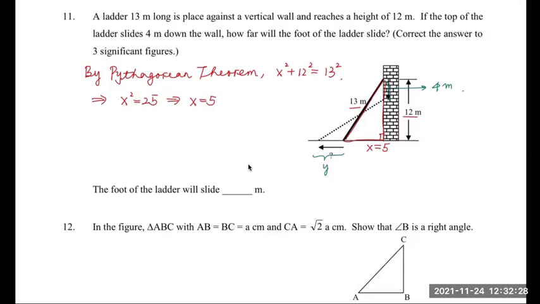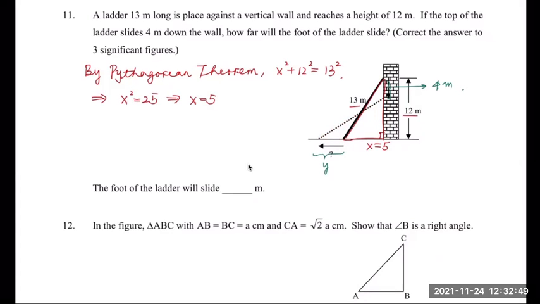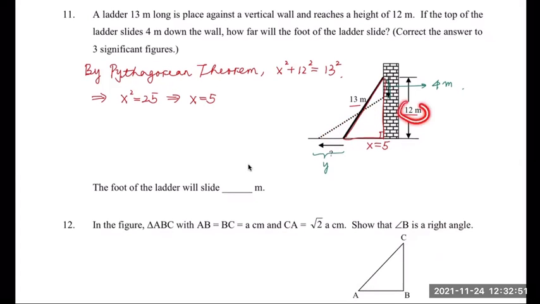I hope you guys noticed that after the ladder slides down, we actually have a new right triangle, which is this one. This is also a right triangle, right? And because we know this is 12 and we know that this is 4, then what about here?